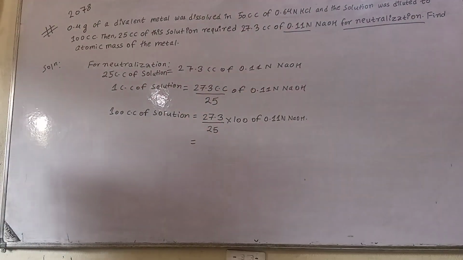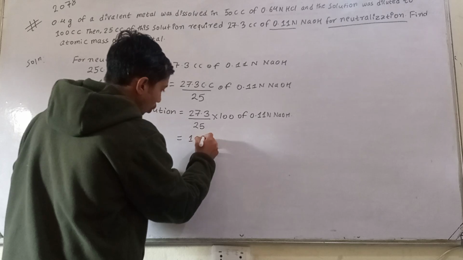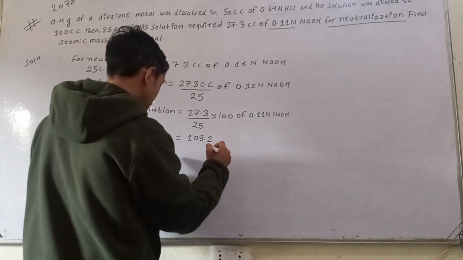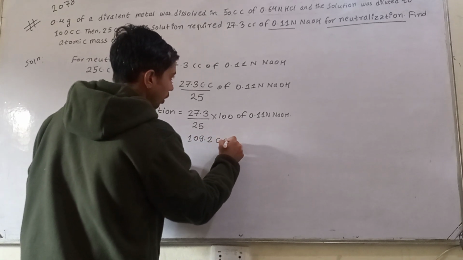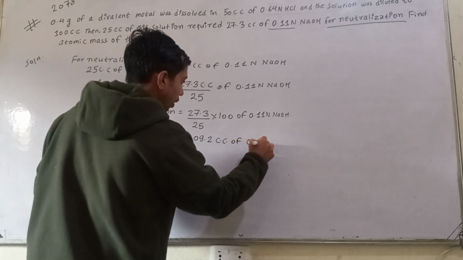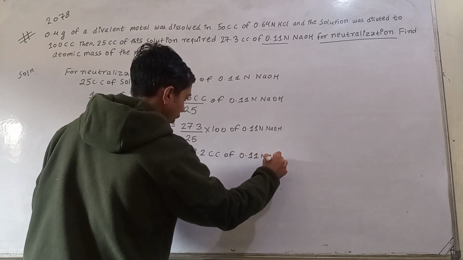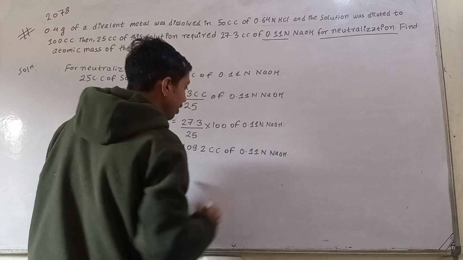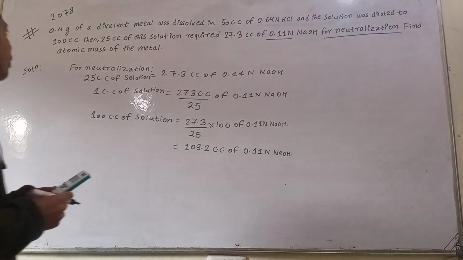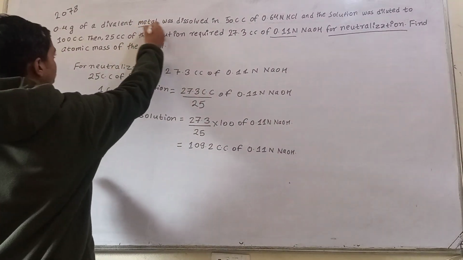That is equal to 109.2 cc of 0.11 normal NaOH. In this type of question, we have been given the case of the metal.